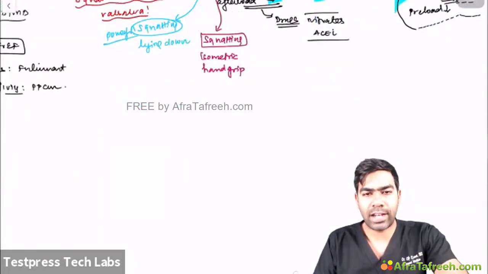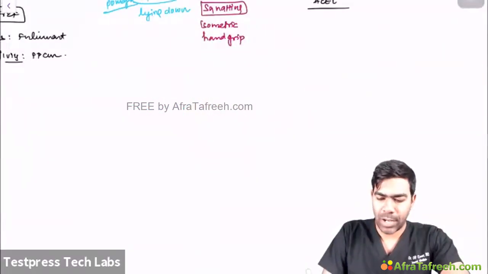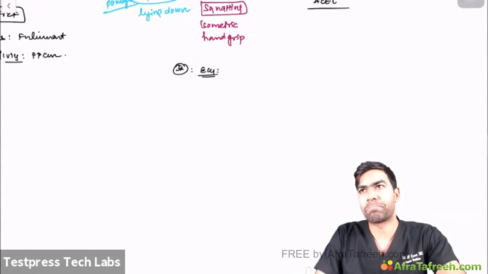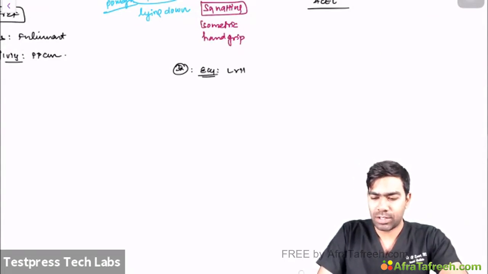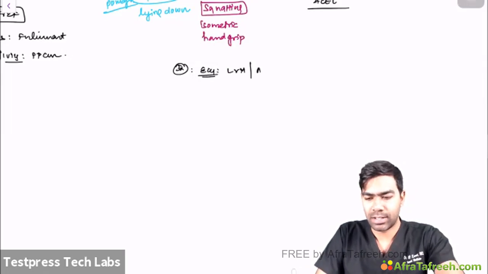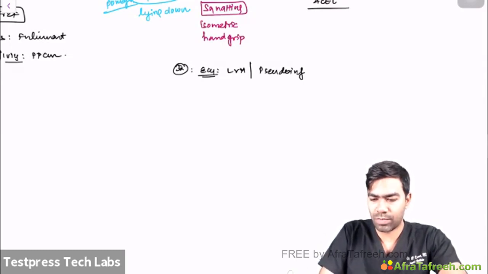And as far as the diagnostic studies are concerned, I'm going to do ECG. In ECG, I can see LVH, severe left ventricular hypertrophy. Then I can see septal hypertrophy in the form of a pseudo-infarction pattern, which is very common.